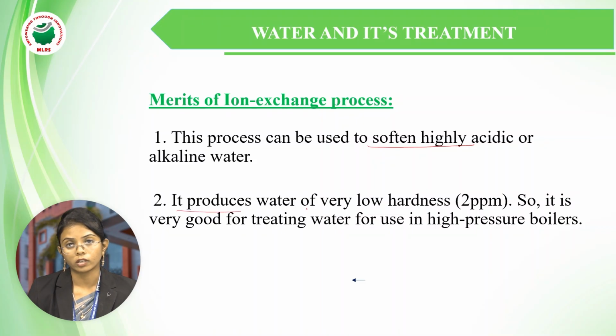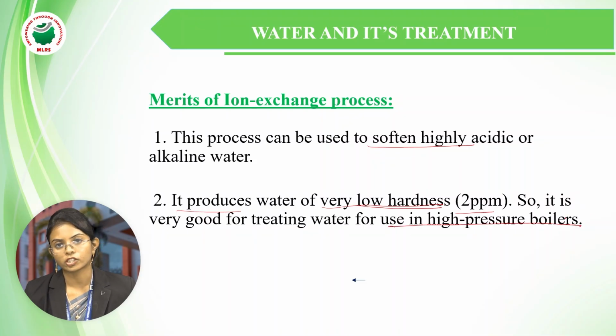It produces water of very low hardness. The main theme of our process is to remove the hardness causing salts. After the process, the water will have only a low hardness, that is 2 ppm only.